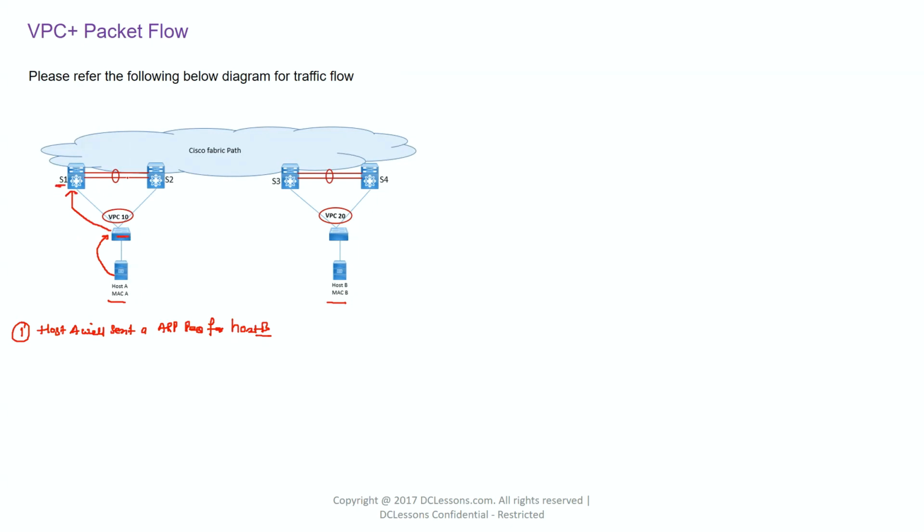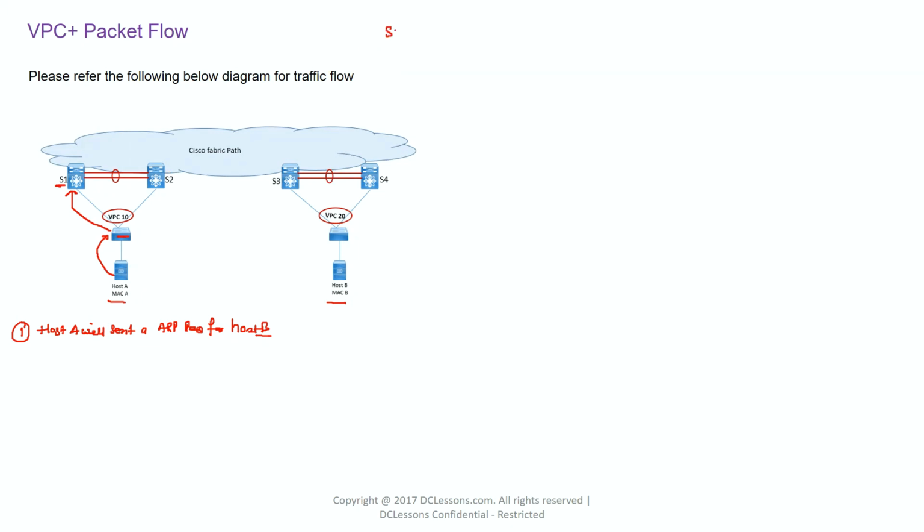Now there is a rule in the VPC+ scenario. Each switch will announce its affinity towards tree 1 or tree 2, right?